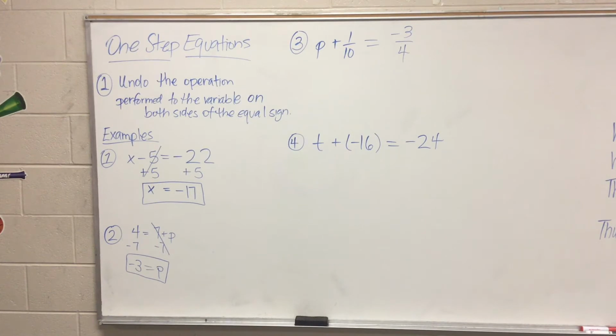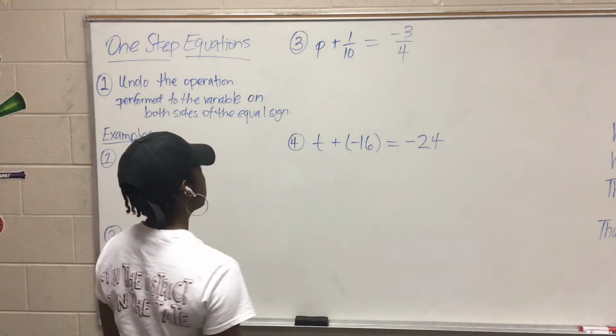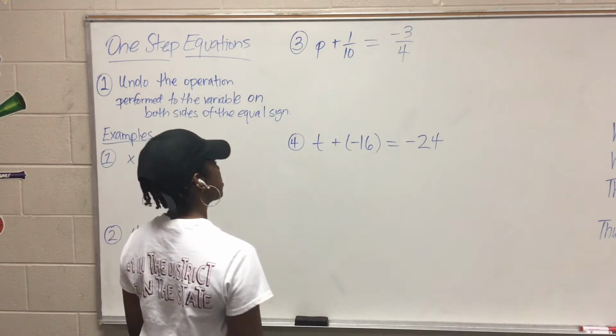So now you can go ahead and pause and do number 3. Yes, it is a fraction. However, you still do the same thing. All right, so we have p plus 1 over 10 equals negative 3 over 4.